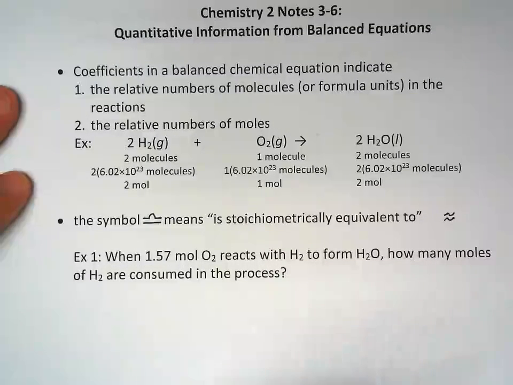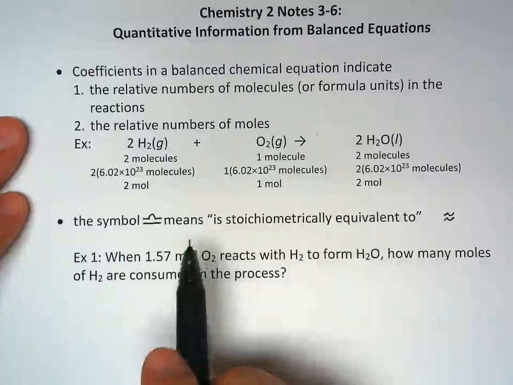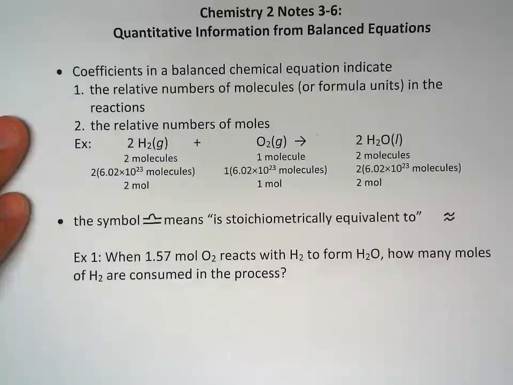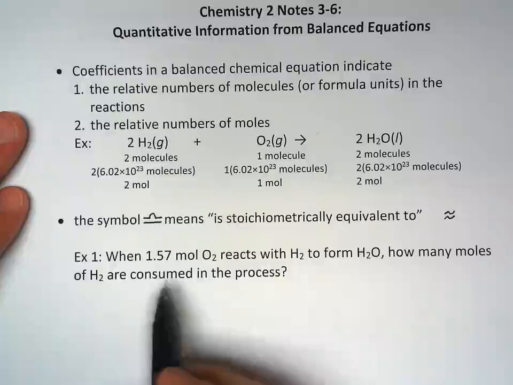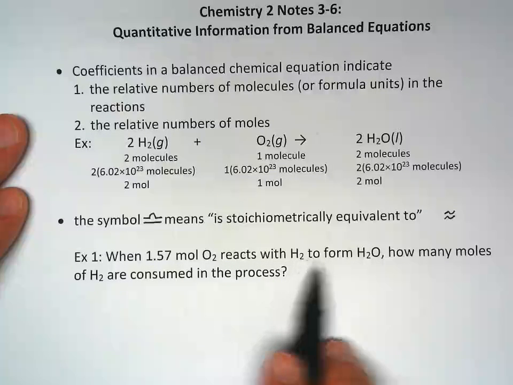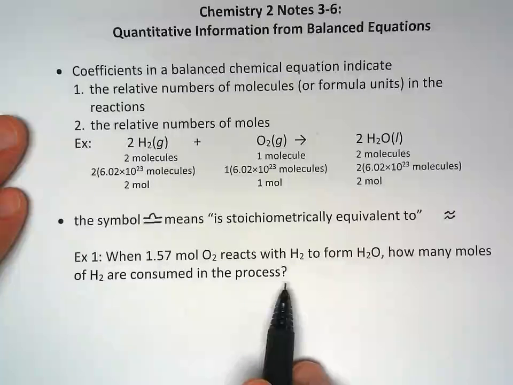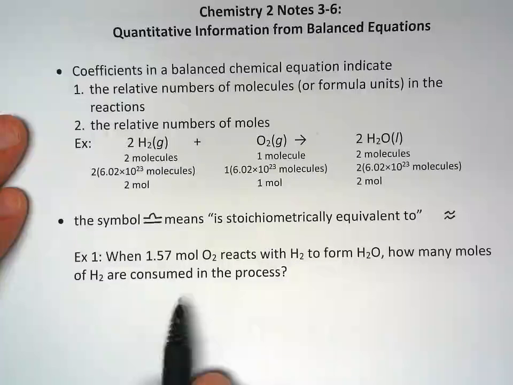So the best way to go through this is to do the problem. We did some of this in Chem 1. It's just a matter of digging back and getting to it. So when 1.57 moles of O2 reacts with H2 to form H2O, how many moles of H2 are consumed in the process? All right, so what do we have?